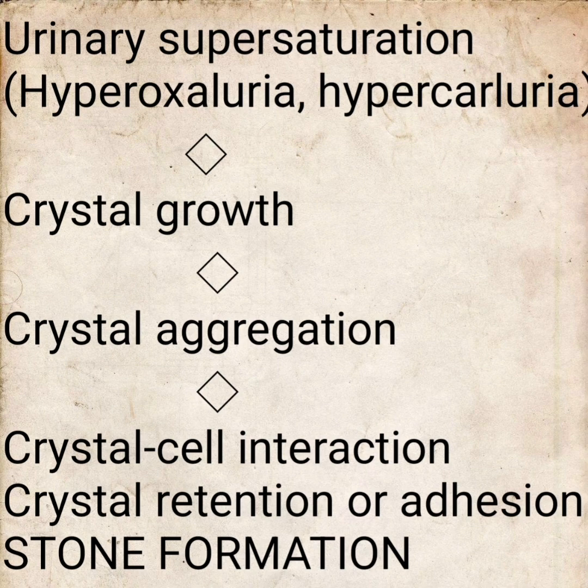The crystals grow in number, and they start aggregating together to the stage of interacting with the cells of the wall of the kidney, the pelvis. The crystal retention or adhesion in that area would now form more cells around it, which is now coming out as stone formation.